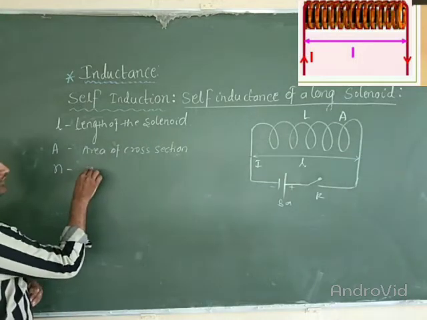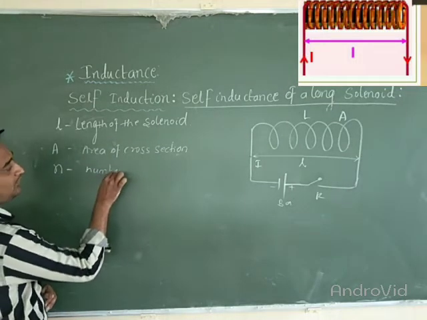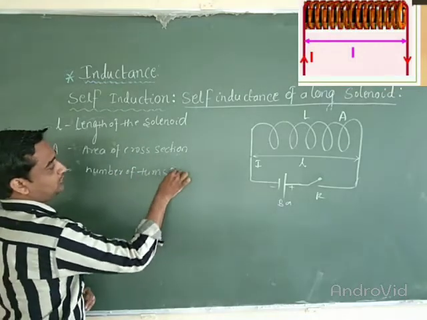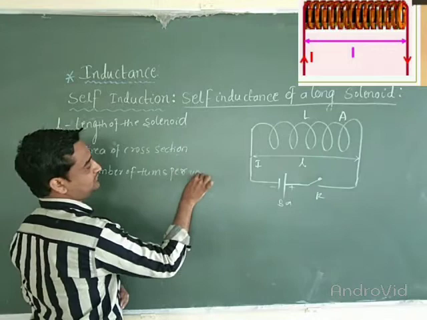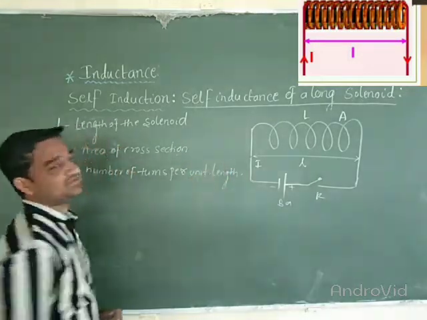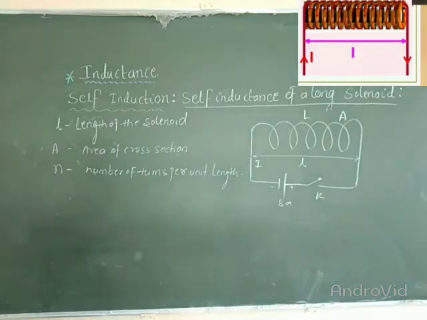Small n, number of turns per unit length. And if I is the current flowing through the solenoid, then the magnetic field inside the coil can be written here.